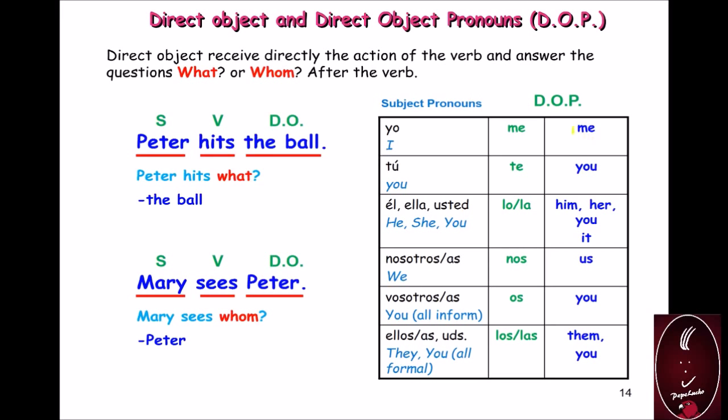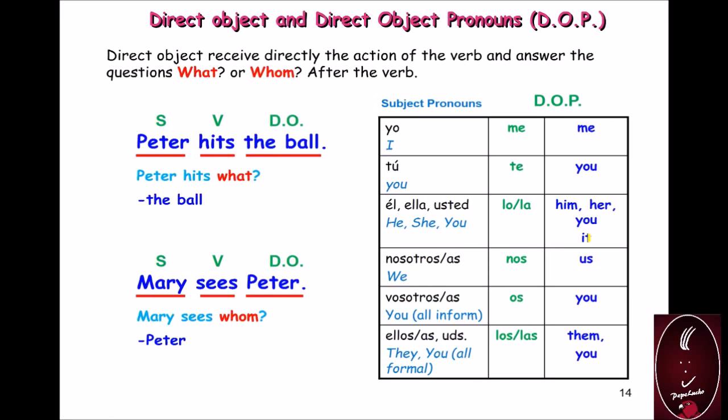Me is the direct object for I. You is the direct object for you. Him is the direct object for he. Her is the direct object for she. You is the direct object for you when we are using the usted form. And it.